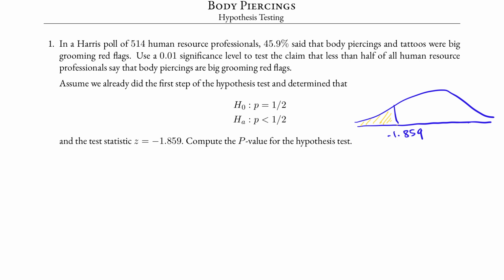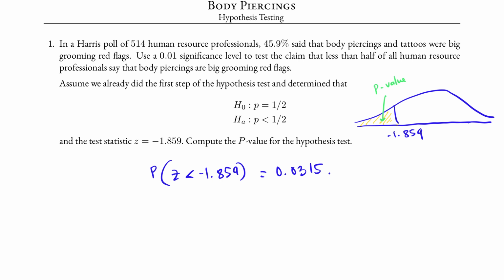If we were to use the z table or a calculator, we will find that the probability that z is less than negative 1.859 is 0.0315.